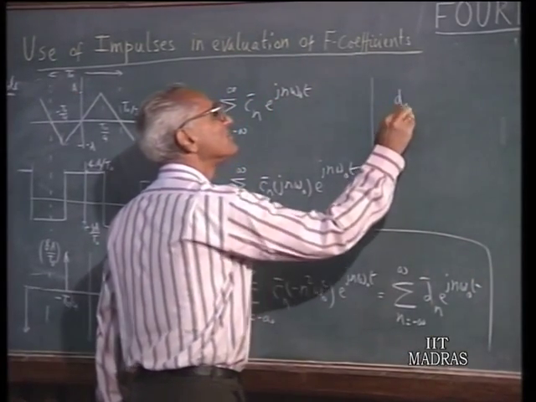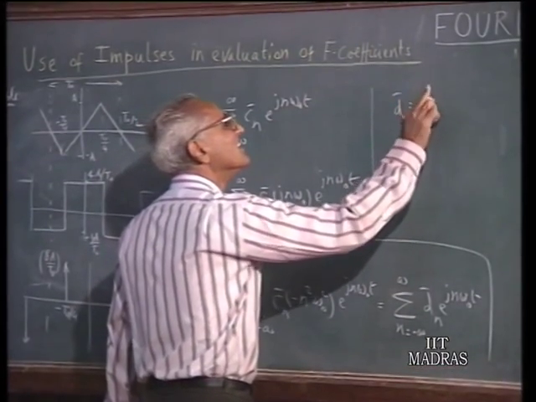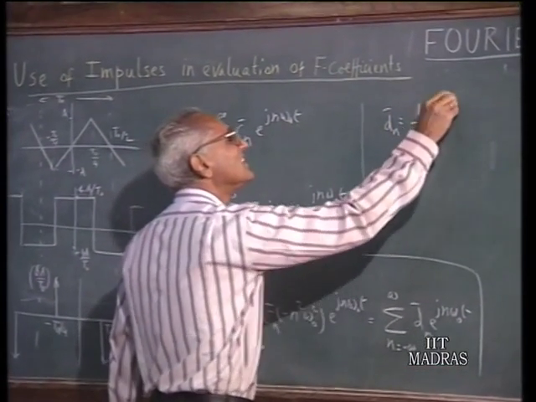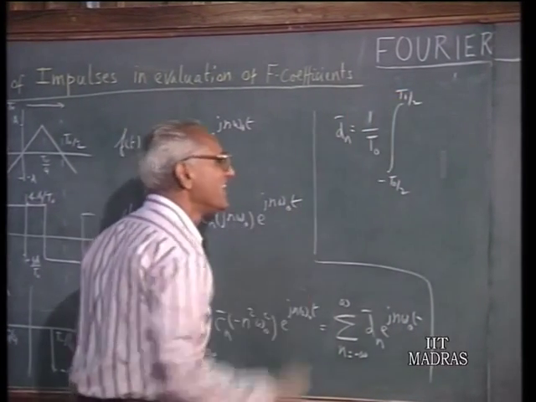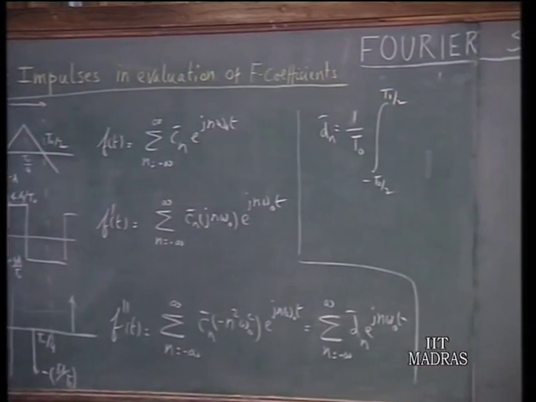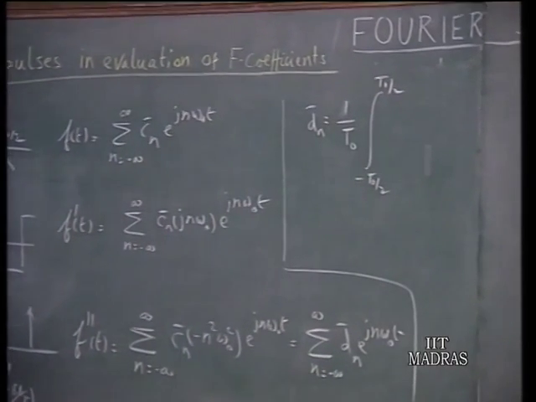So dn is 1 upon t naught, integral from minus t naught upon 2 to plus t naught upon 2. In this range of integration, we have two delta functions.